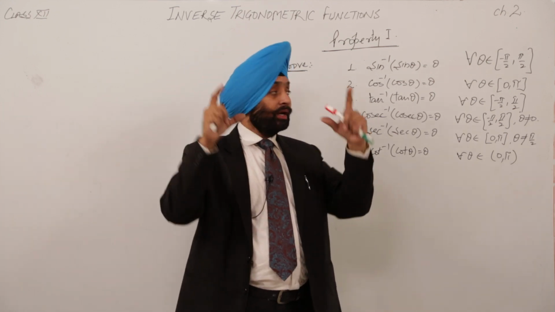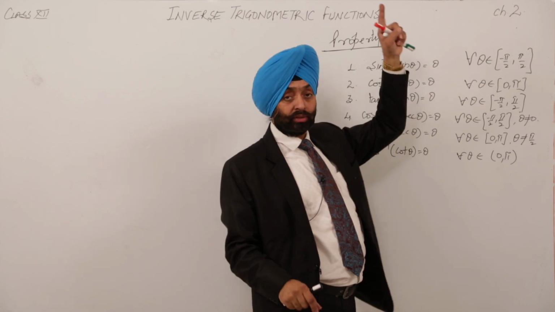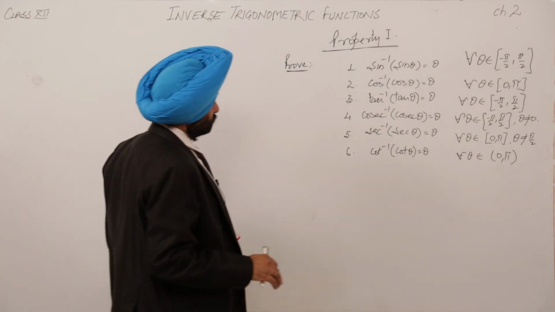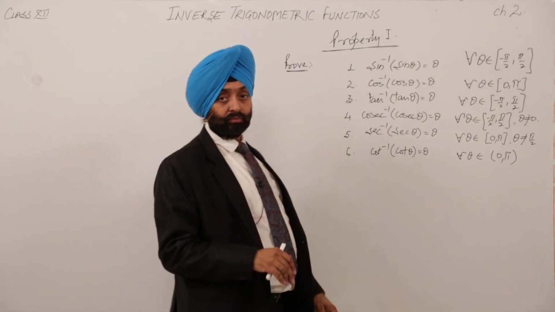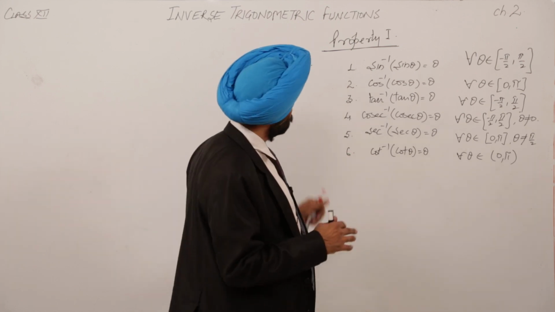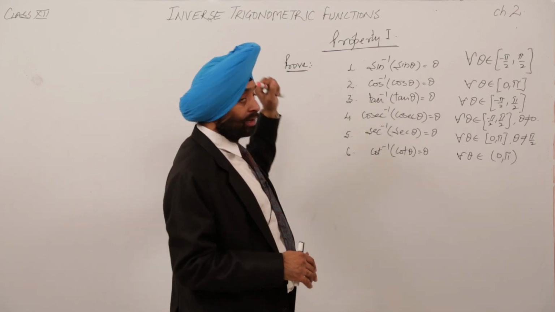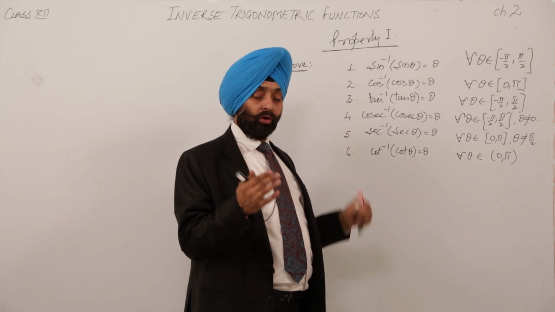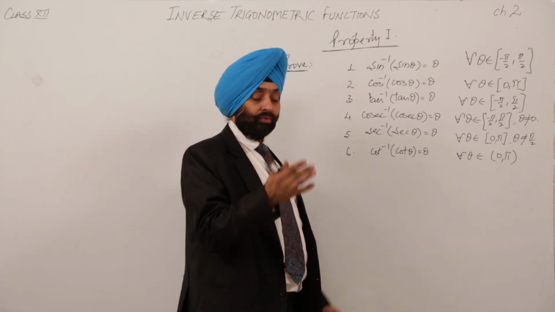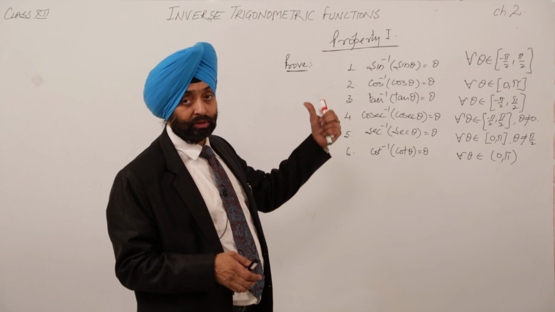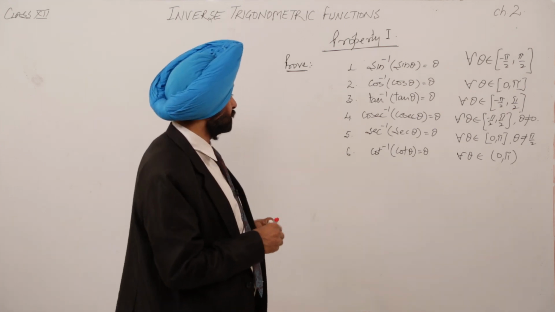Open is this one and closed is the square brackets. Based on this property, let's first prove it, and then we are going to follow some very interesting questions related to this one.